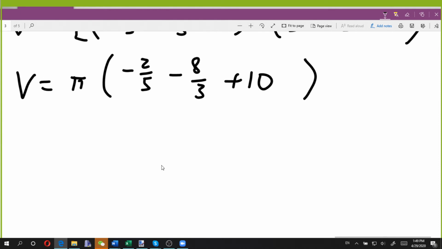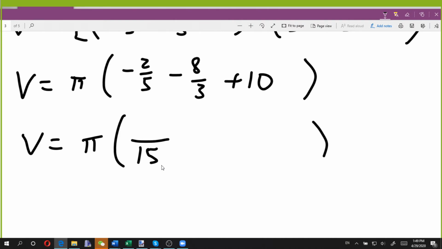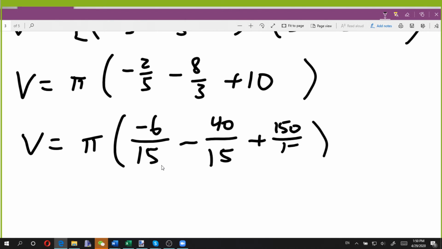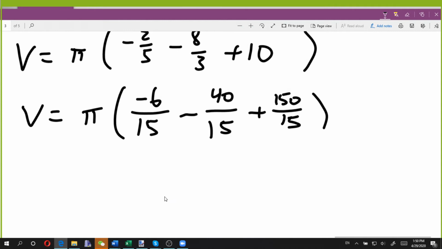So we'll get our common denominator so that we can add straight across.